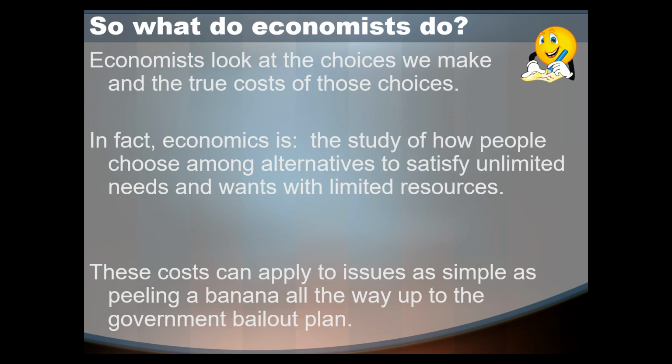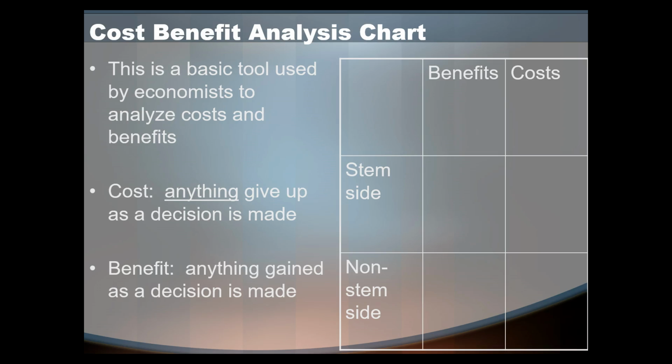These costs can apply to issues as simple as peeling a banana all the way up to the government bailout plan or the taxation plan or whatever. It can be really simple or really, really complex. And economists will often do this using a cost-benefit analysis chart.